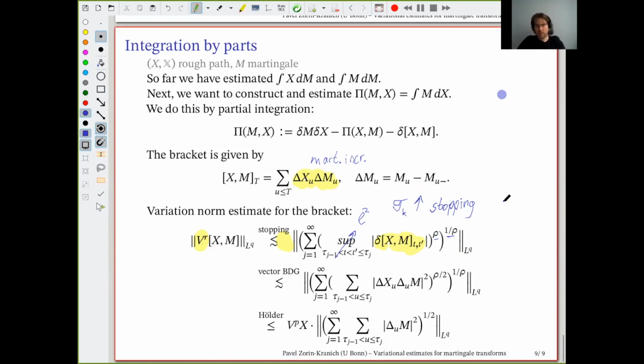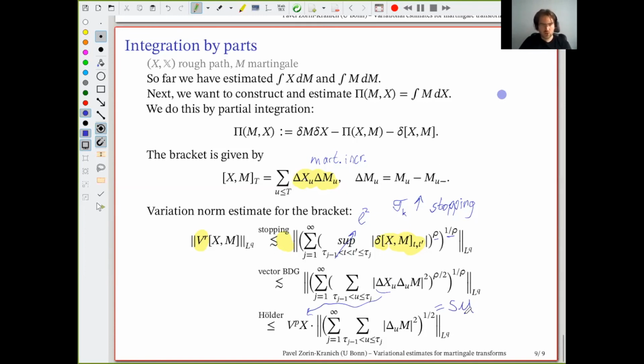It allows you to replace the supremum by the square function inside such a nested norm, which consists of, let's say, some L^q norm in probability and the little ℓ^ρ norm on top. Okay, and then you get a square sum here, and then you can pull out these increments with Hölder's inequality, and inside you get the square function of your martingale.